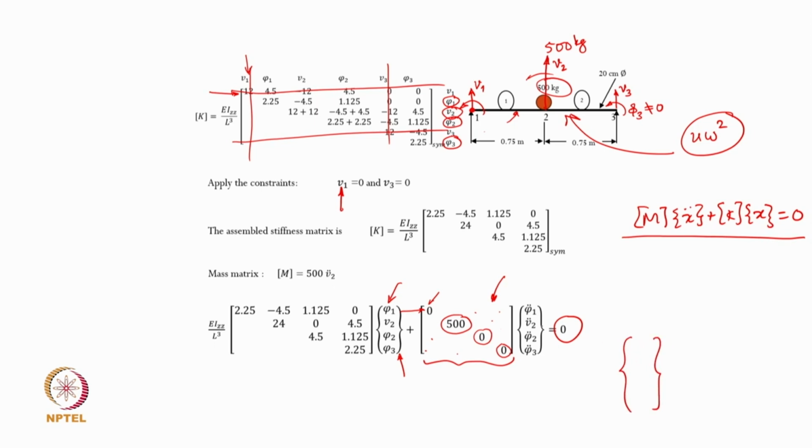The excitation function is going to correspond to the V2 degree of freedom, and therefore u omega square, and of course, you can add sin omega t or cos omega t as the time dependent excitation function for finding the response of such a multi degree of freedom system.